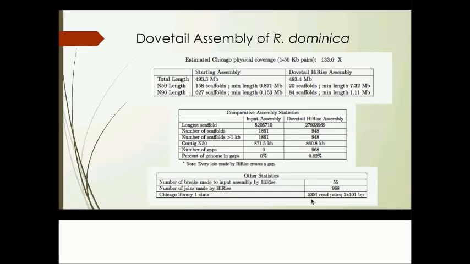And we were able to go from an N50 of about 100 that had about 158 scaffolds in it, and about 871,000 bases, and then reduce that down to 20 scaffolds with a 7 megabase N50. And so we were pleased with that because this was our initial assembly, our initial results, and we got much longer pieces in the assembly.